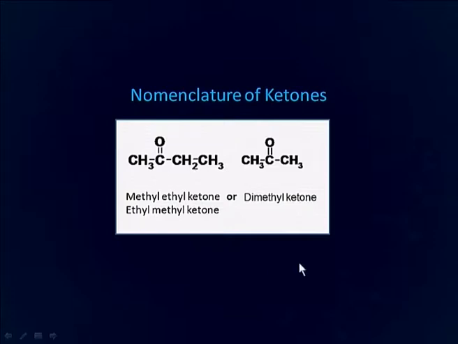In this particular case, there is no difficulty because both the alkyl groups are the same. So, we simply name the molecule dimethyl ketone. Here we will compare the IUPAC system of nomenclature with common names of ketones.